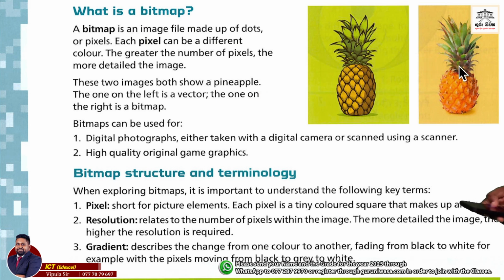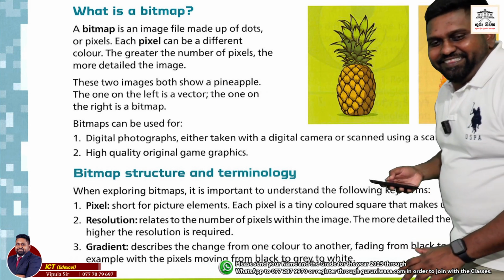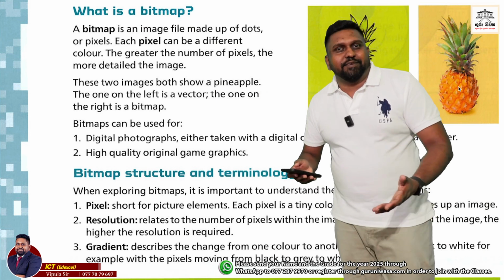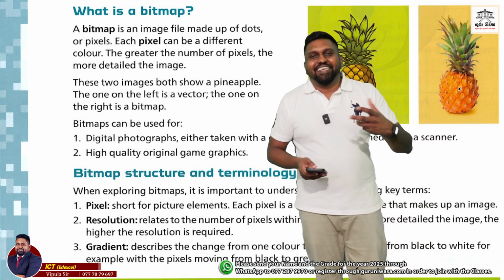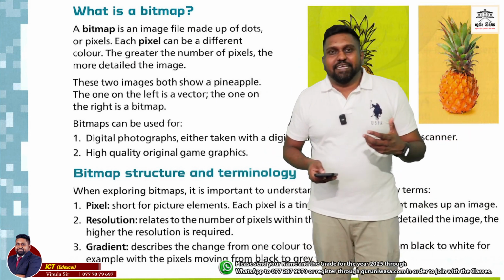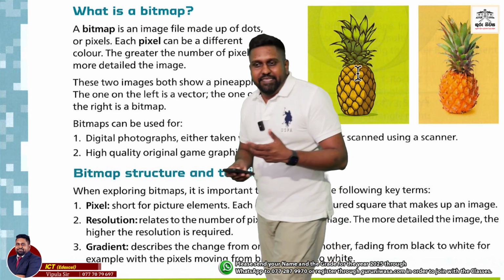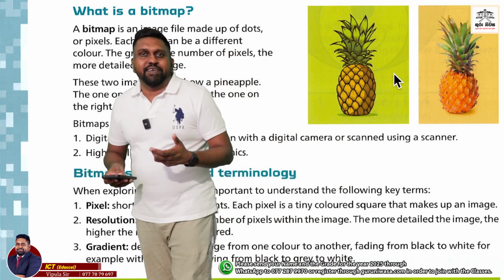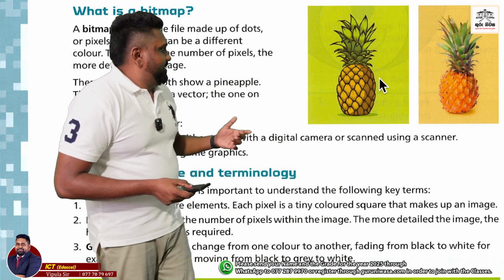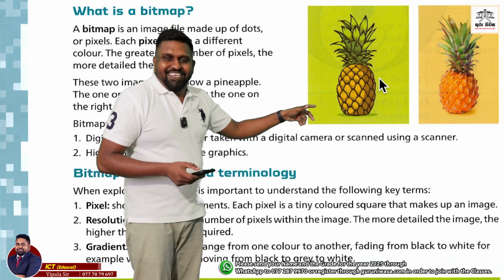But this is actually a photograph, so it has the actual set of colors, and you can see it in the proper way. Okay, you got the difference, right? Both represent a pineapple, but one has a different color palette, and the other one has a completely different color palette compared to the other.